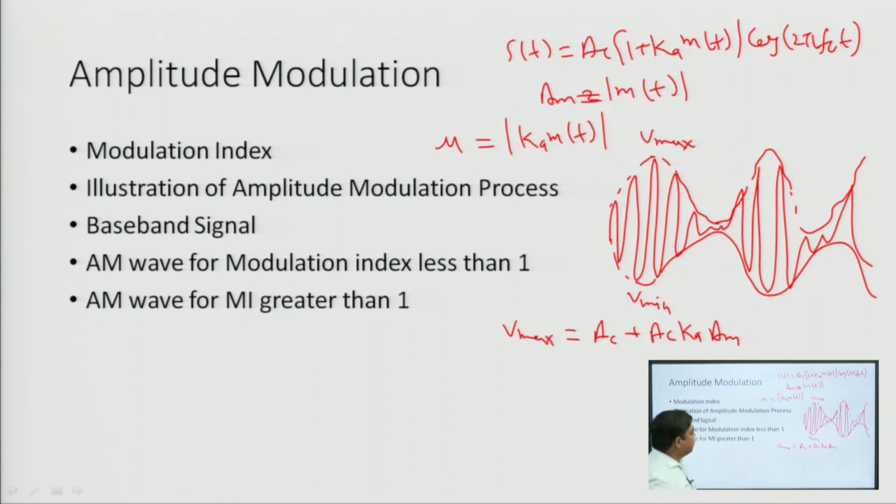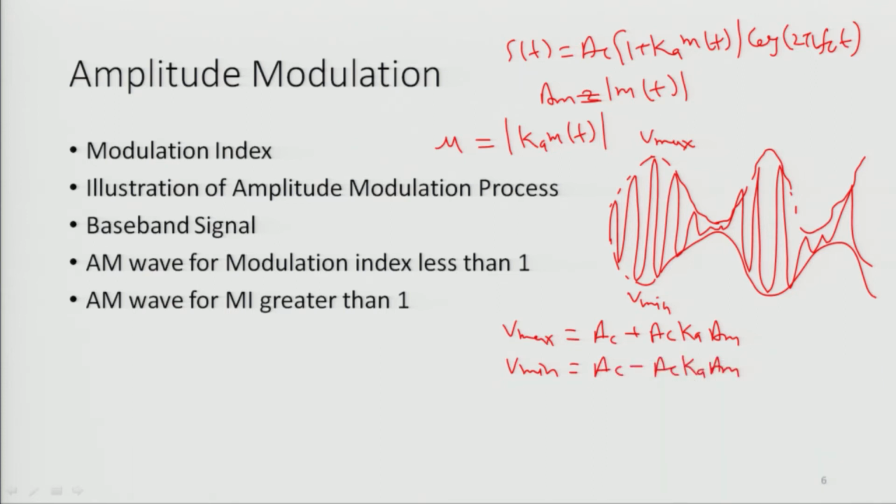This is the V max we will get, and V min we will get at the lowest, that is Ac minus Ac ka Am. And modulation index mu, that is the mod of k m(t), is nothing but ka Am.